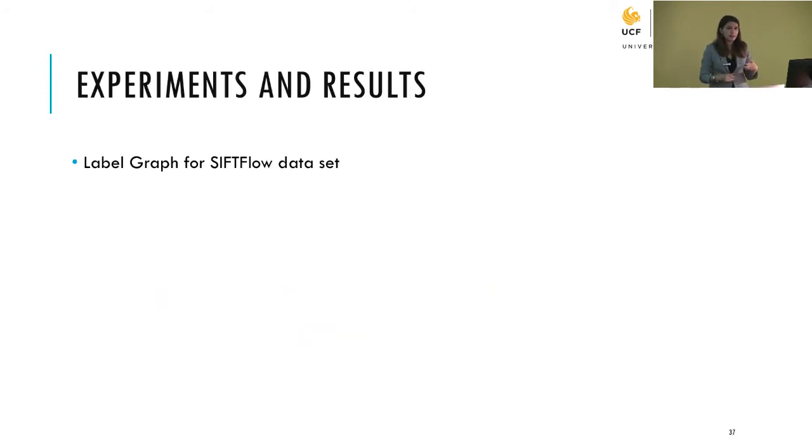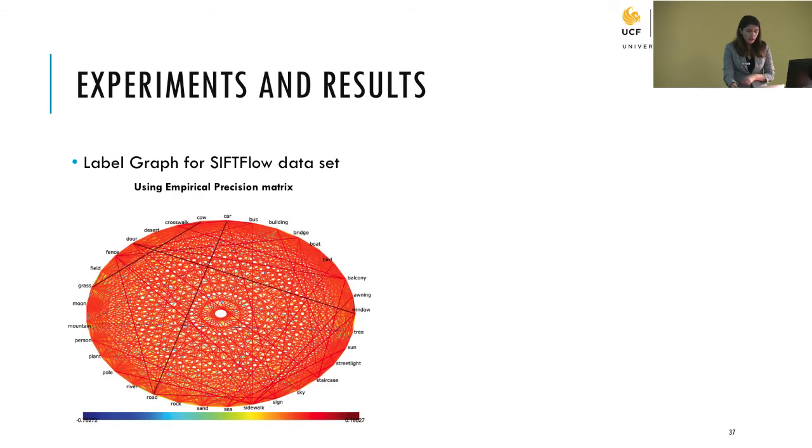We tested this method on different data sets. The first one is the SIFT Flow data set. On the left, I'm showing the label graph if you just use the empirical covariance matrix and simply invert it. As you can see, it's very noisy, and we don't want a fully connected graph for this. We just want to encode the significant interactions.